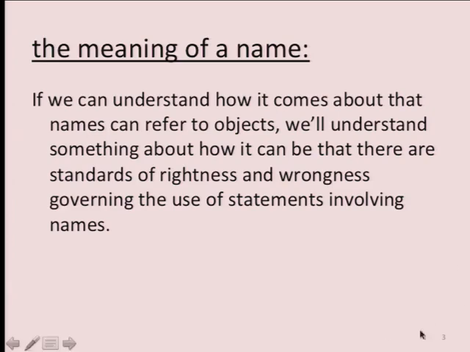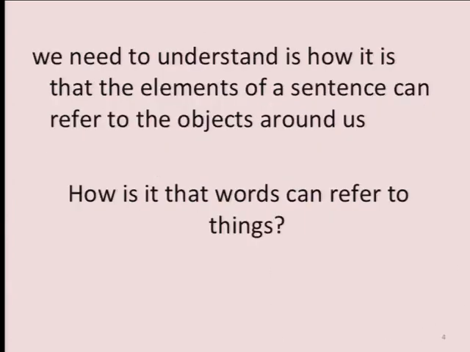So what we need to understand is how it is that the elements of a sentence can refer to the things around us, how it is that words can refer to things.